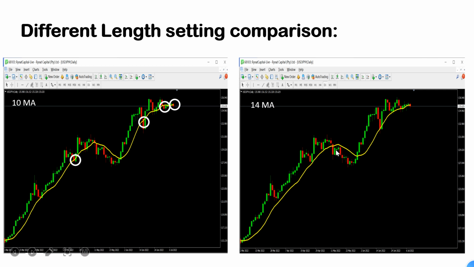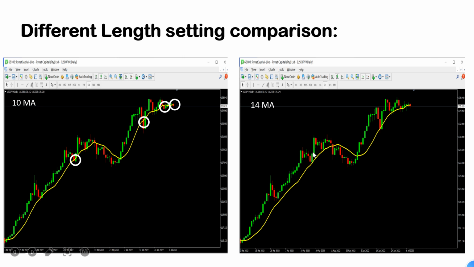So if we trade this area, we sell it here and take profit here, we could still make money. But if it's a false breakout, we sell it here, but the second day the price just continues to go up. Then in this case, we may probably lose money.